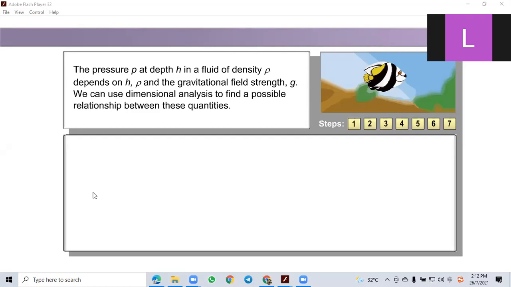We can use dimensional analysis to find the possible relationship between these quantities. They said that pressure at depth h in a fluid of density rho depends on h, depends on rho, and depends on the gravity.